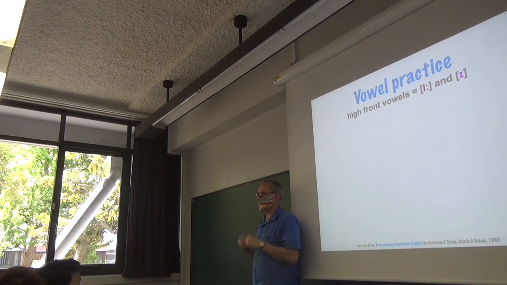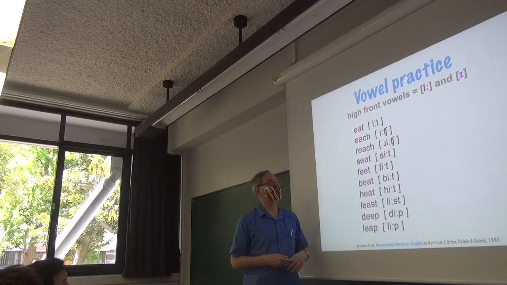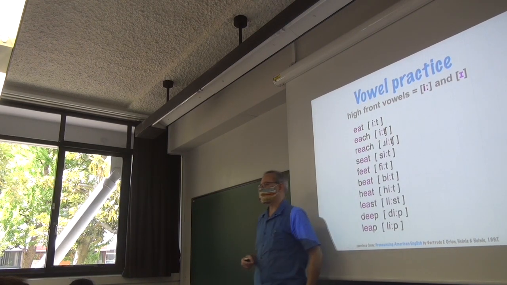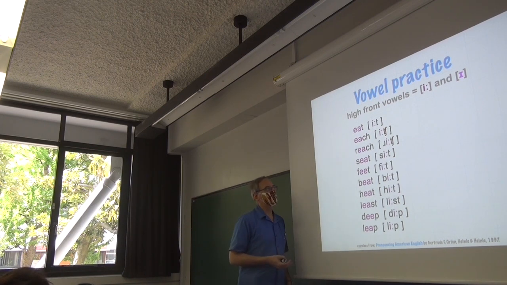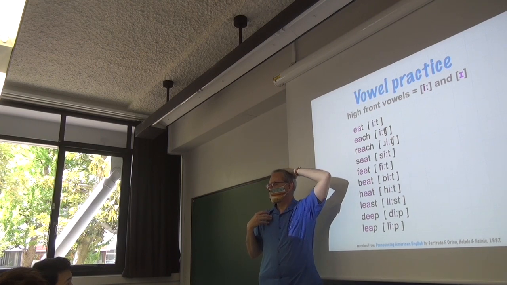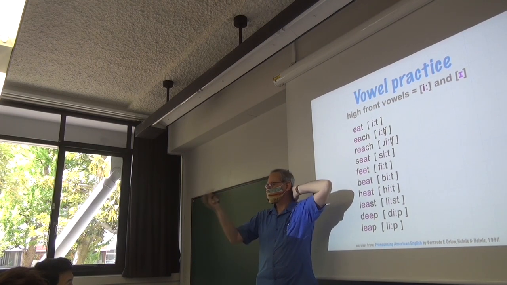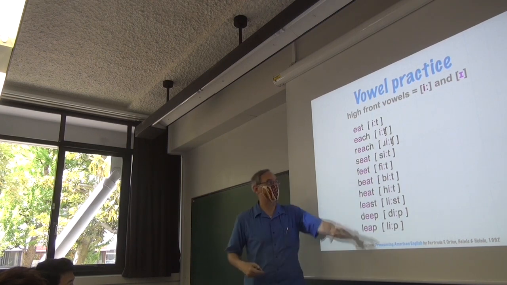Minimal pairs are pairs of words with a minimal difference. These words are different only in whether they have the E pronunciation or the I pronunciation. And the first column is made up of words with the tense vowel, E. So just quickly, we won't spend too much time, but the first time I'll pronounce them and you can repeat, and the second time I won't pronounce them and you can pronounce them.